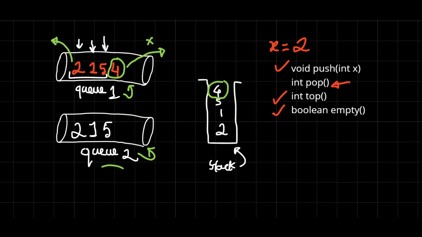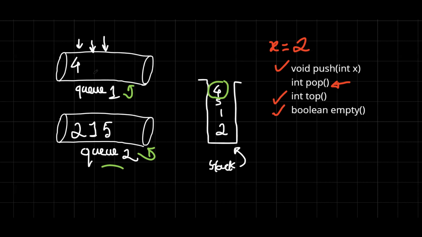So currently our first queue has only the element 4, and all of the front elements, which are 2, 1, and 5, are shifted to the Q2. Now this element 4 appears at the first position of the Q1.